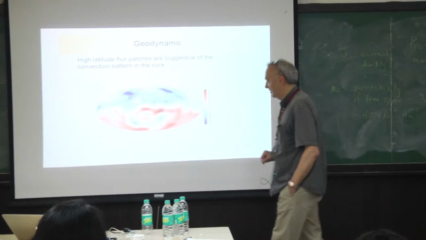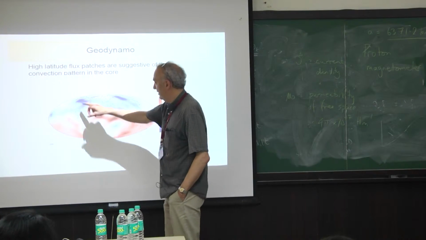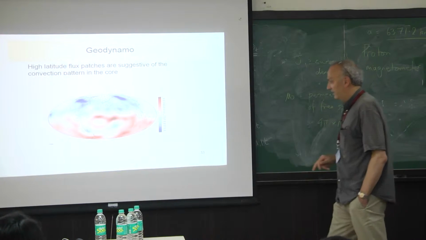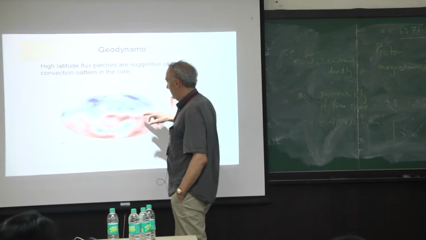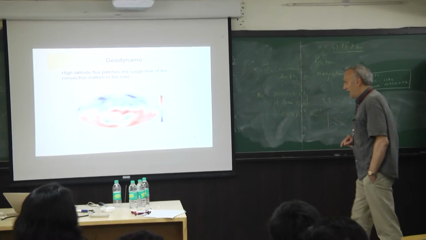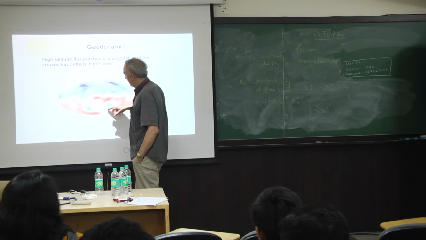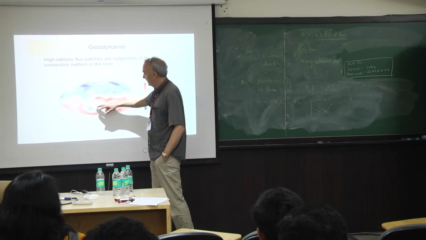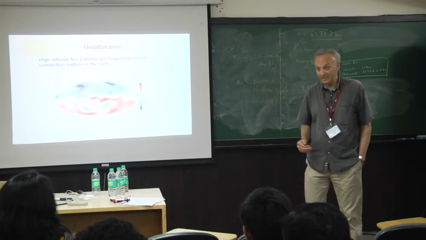And you can see that there are these concentrations of field, very intense. There are certainly 4 clear ones which live at high latitudes, and then there are these other concentrations which live here near the equator. And you'll also see that in the southern hemisphere there is this blue patch, which is a patch of reversed magnetic field, reversed with respect to what you might expect.